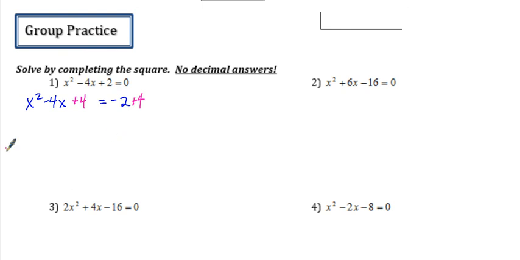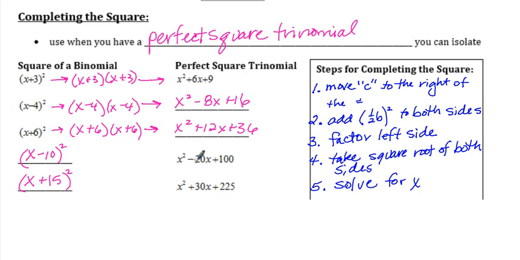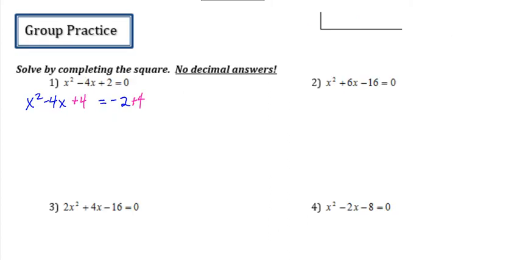Factoring the left side should be much like what we did up here, going from this to this, because we have engineered a perfect square trinomial for ourselves. With steps 1 and 2, we have engineered a perfect square trinomial over here, so that we can easily write this as x minus 2 squared. We made that happen for ourselves on the left. The result of that on the right is -2 plus 4, which is a 2.